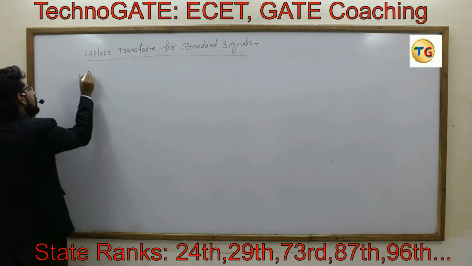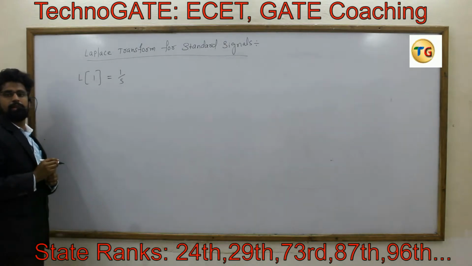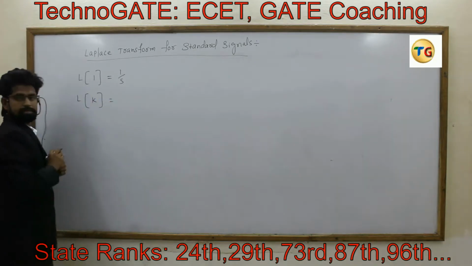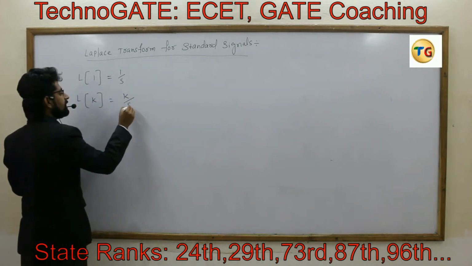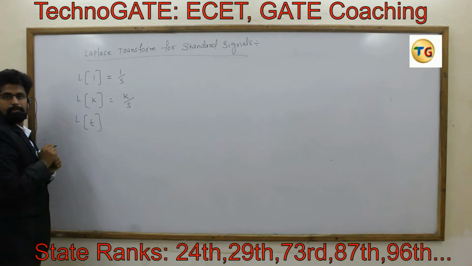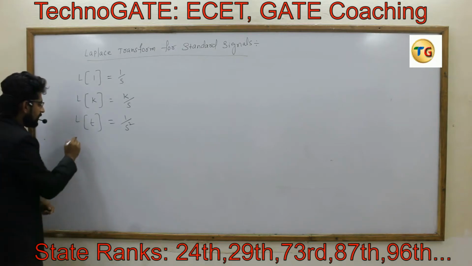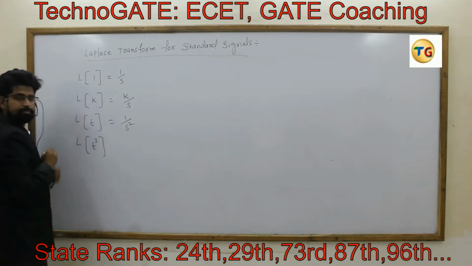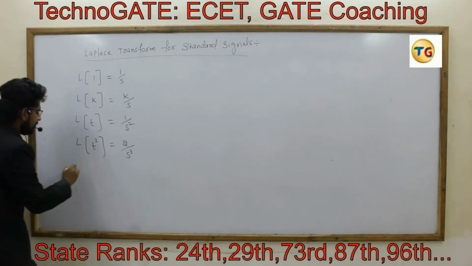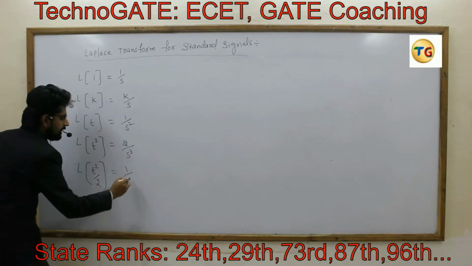The first one: Laplace transform of 1 is equal to 1 by s. Second, Laplace transform of constant k is equal to k by s. Laplace transform of t is 1 by s square. Laplace transform of t square is 2 by s cube. Laplace transform of t square by 2 is 1 by s cube.